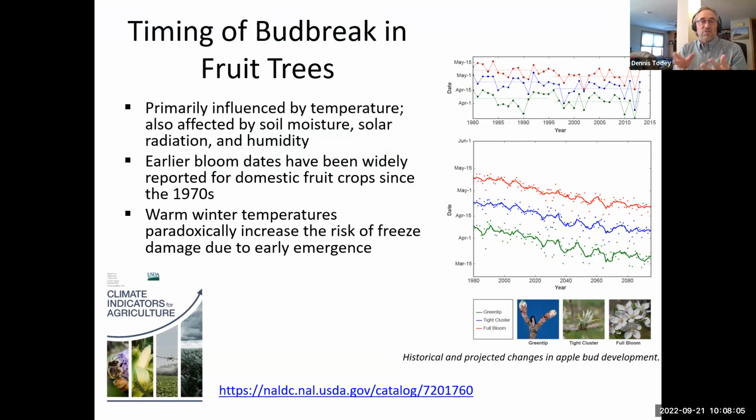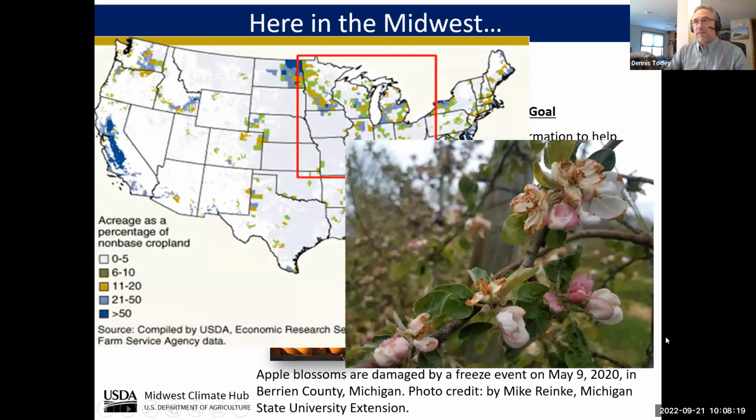While we have changing freeze dates, if we have bud break in fruit trees occurring even earlier than the freeze date, or the variability in freeze date, we end up with freezes occurring when plants are much more vulnerable, and that's become a more frequent issue across our region.